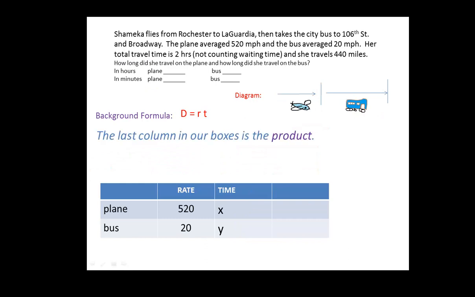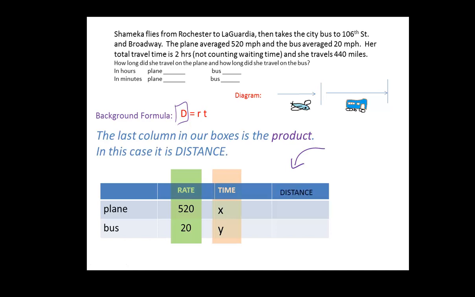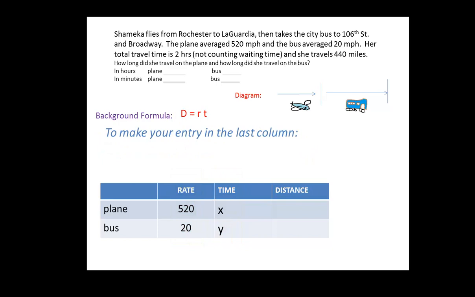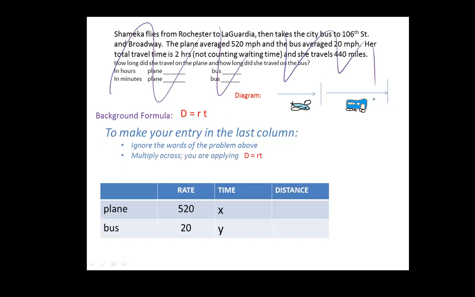Our last column is going to be the product, and when we say product, we're talking about distance. That's the product of rate times time. Now to make your entry in the last column, ignore the words in the problem above. We're going to just forget about these words and just multiply straight across.